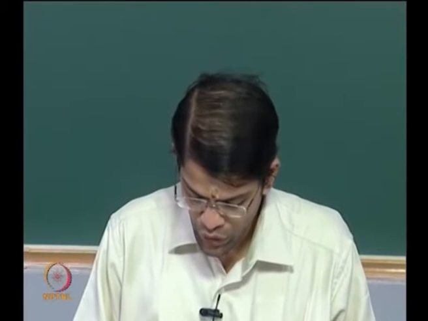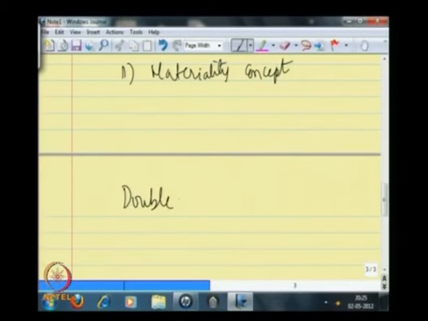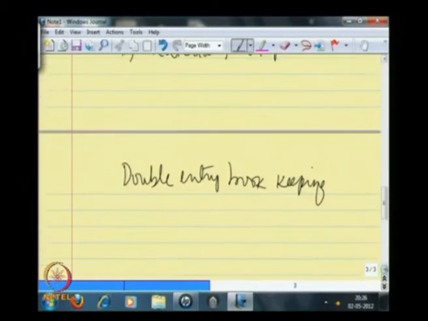And for that, the standard methodology that is followed the world over is double entry bookkeeping. And what is it?